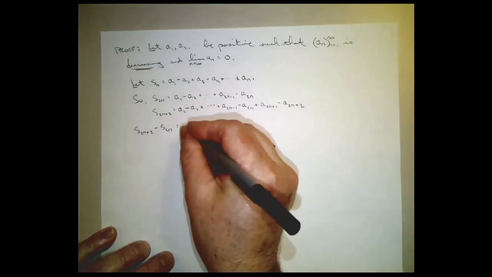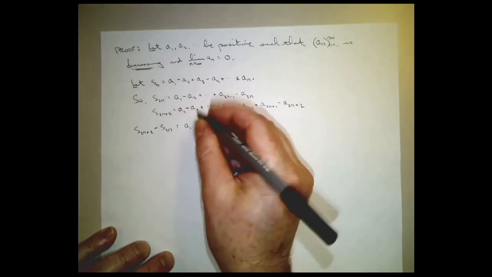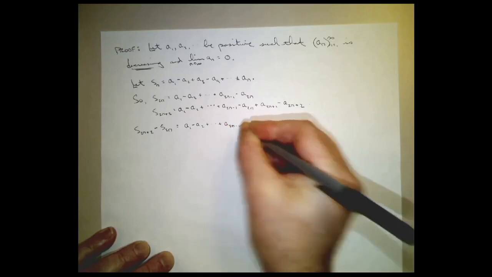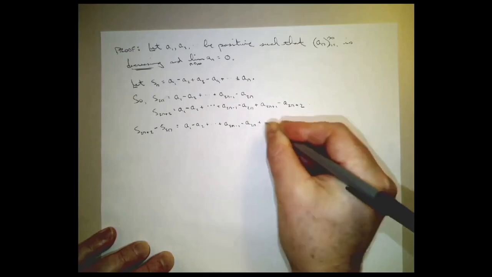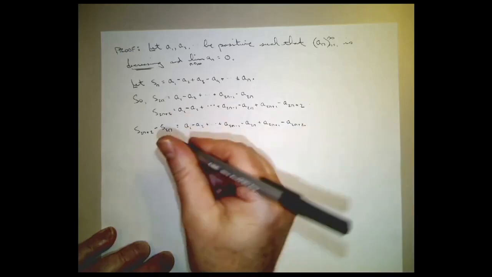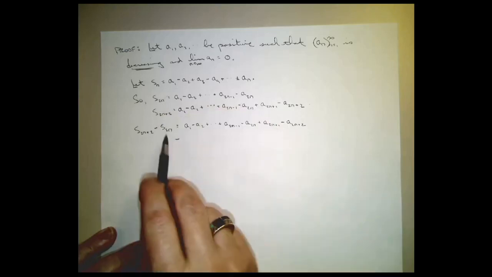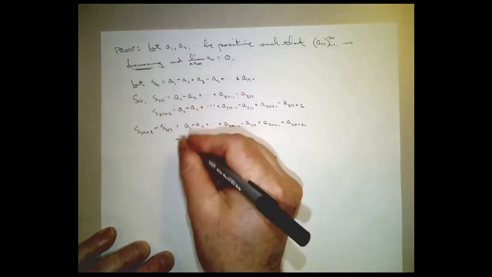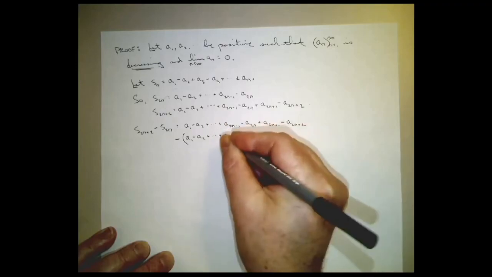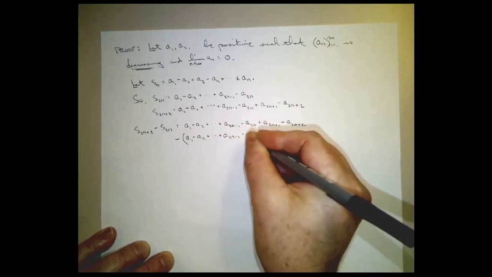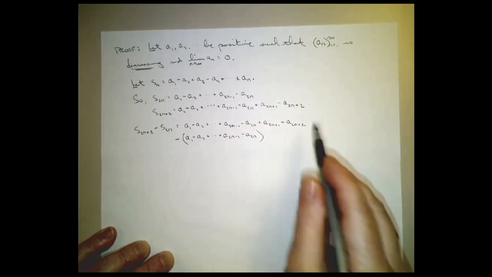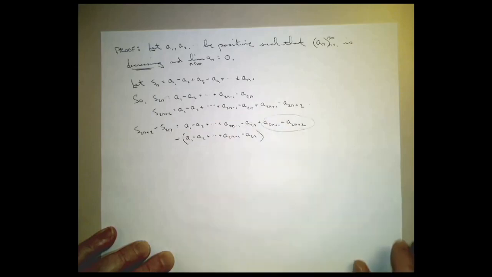If I take the 2n plus 2th partial sum and I subtract from that the 2nth partial sum, which is a1 minus a2, and so on, then if I subtract this from that, all I'm going to be left with is a_{2n+1} minus a_{2n+2}.